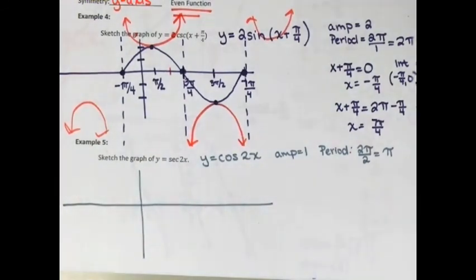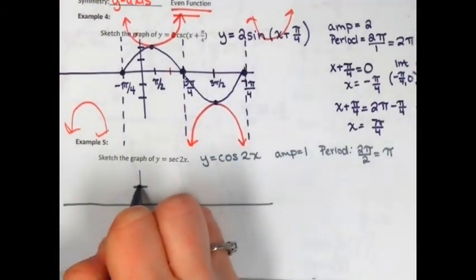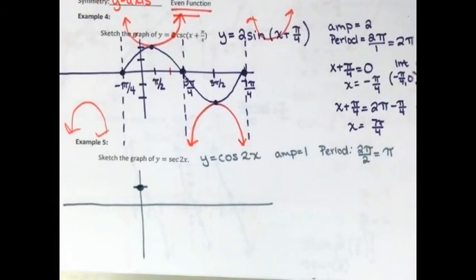Now, here's my question. We know our cosine always starts where? Does it start at the origin? Or does it start up at the amplitude, the max, right? So we start up here. Okay, and we need to take that out to what?